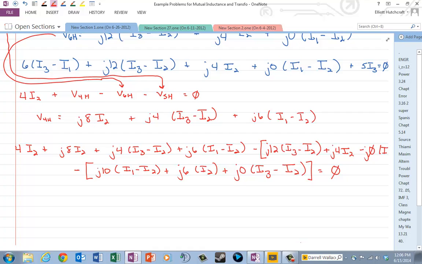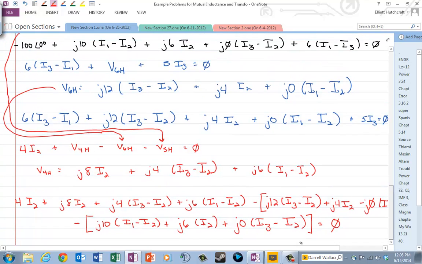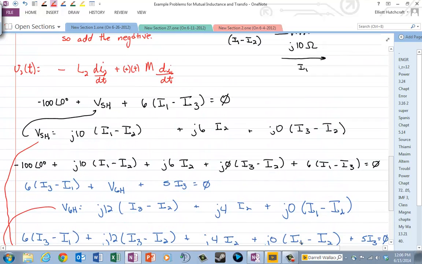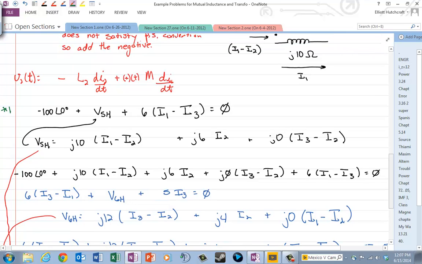Now, I'm not going to go through and solve this, but I hope you can see we have 3 equations. So here's our first equation. I'll say one, and it has mesh currents. Oops, no, that's not 1.